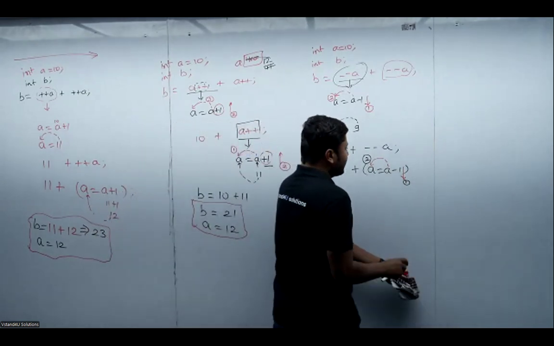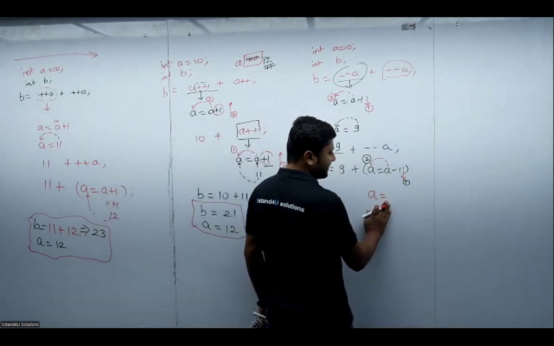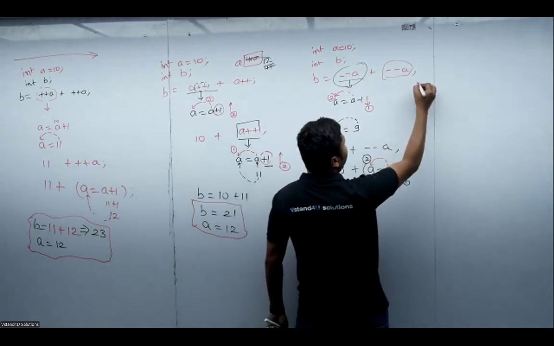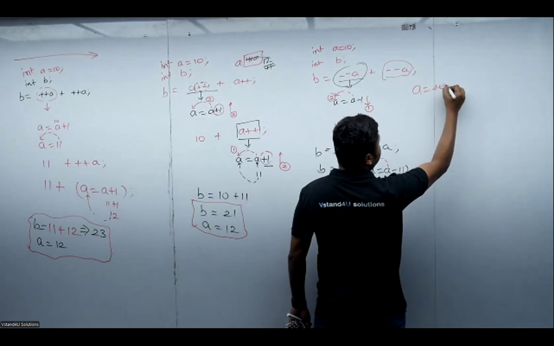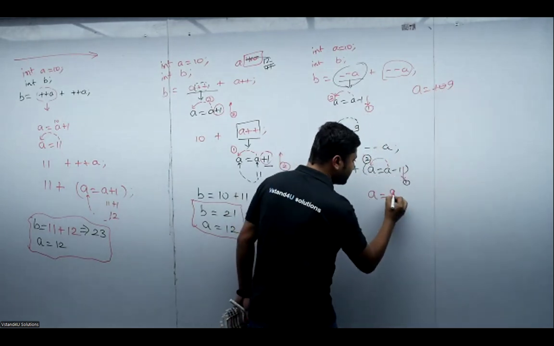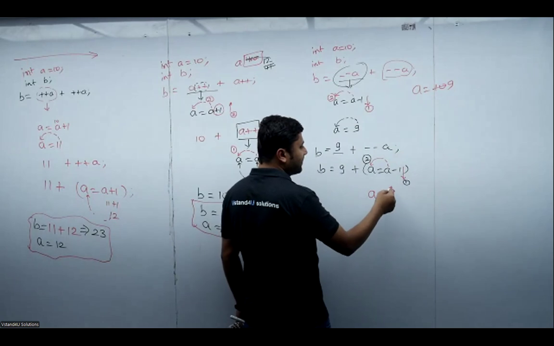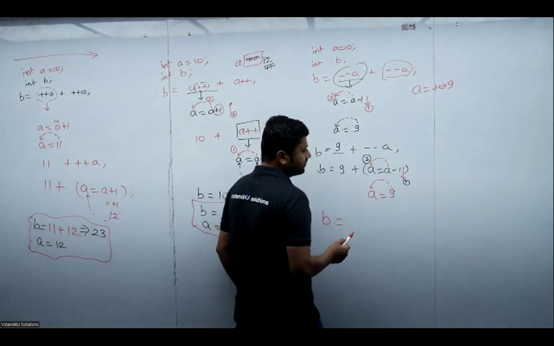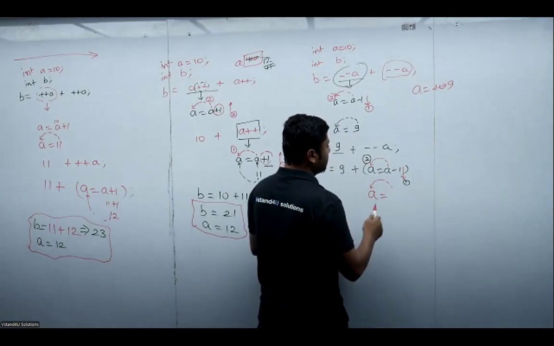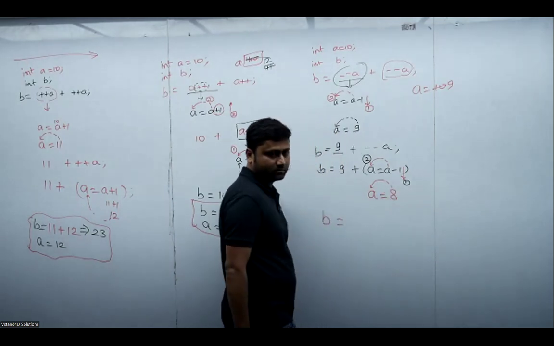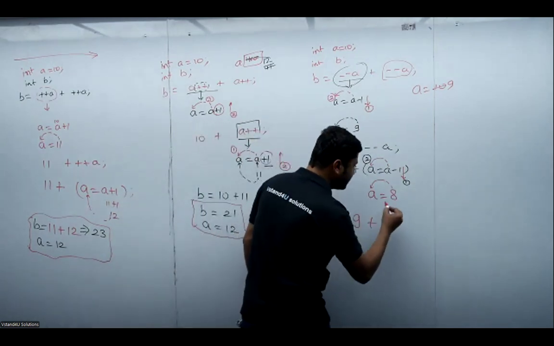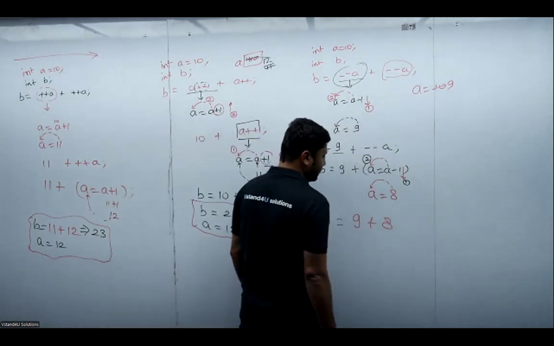So after decrementing, what will happen? The assignment is as it is. a minus 1. Current value of a is 9. This 9 will be assigned. That will become b equal to 9 plus the assigned value, which is 8.